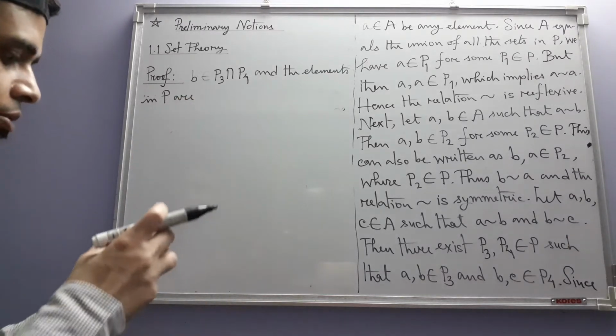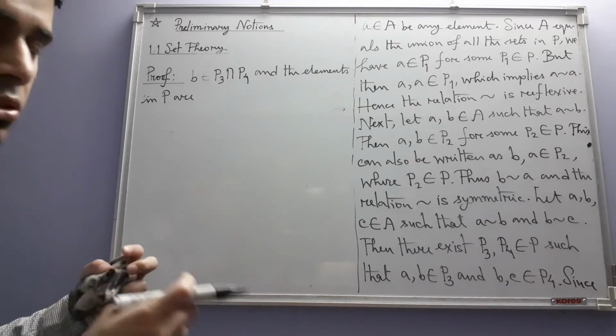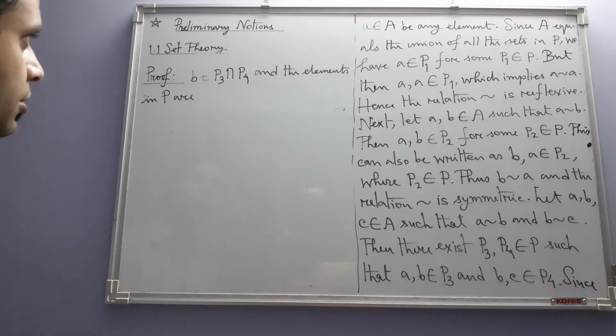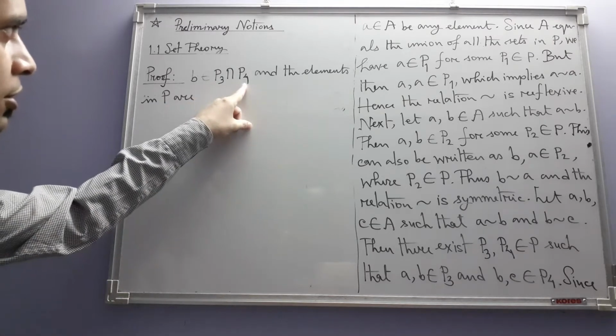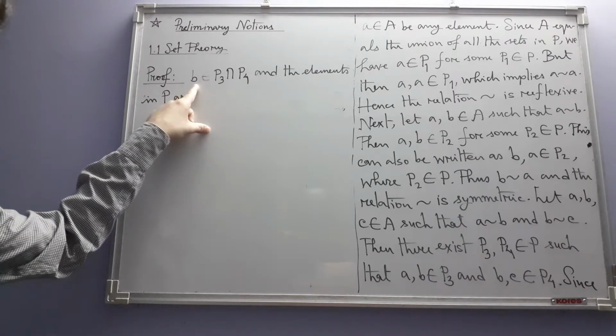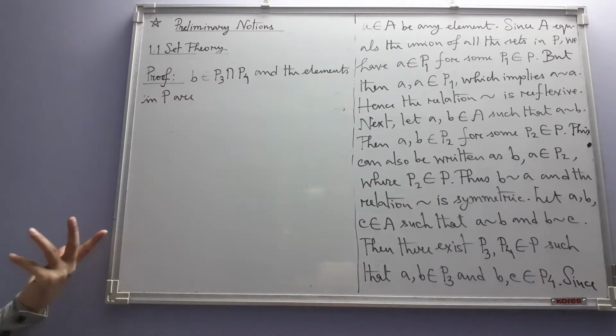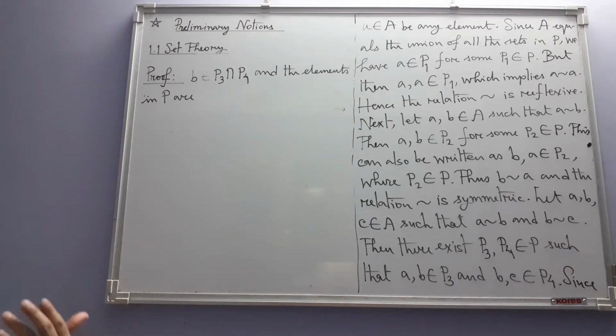So if you have two different subsets, then they will be disjoint, there will be no element in common. So here you see that we have got two subsets P3 and P4 which have an element in common, b. So that means they cannot be disjoint, that is they have to be the same thing.